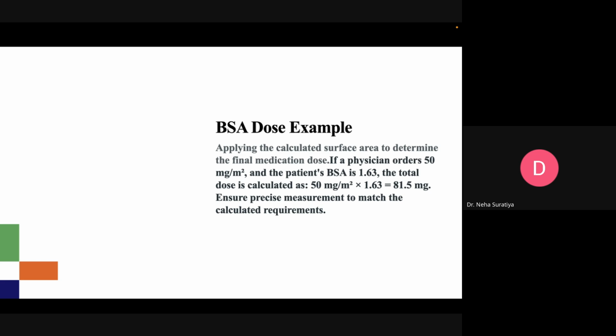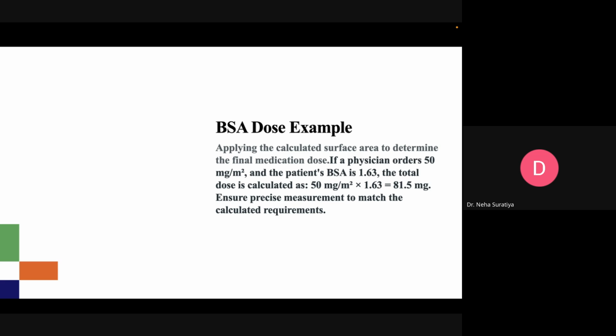Please mention in your notebook: total dose is equal to order dose into BSA. The ordered dose is 50 mg per meter square, and we have calculated BSA, that is 1.63.